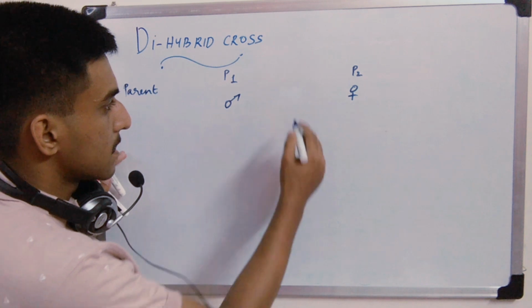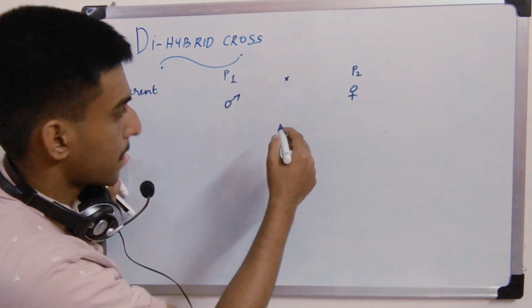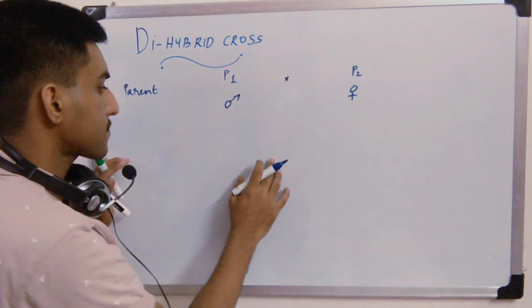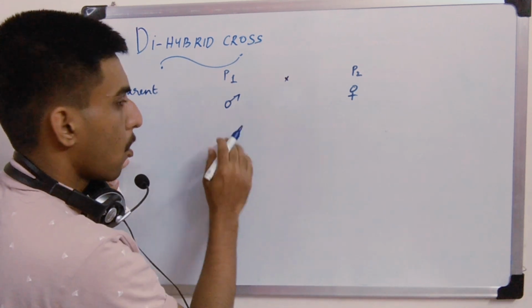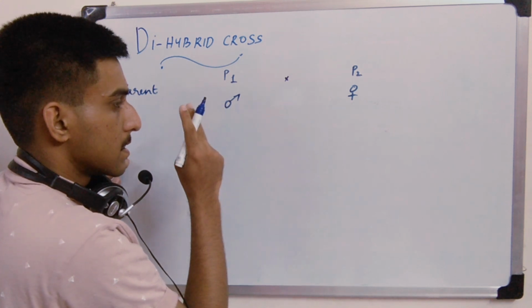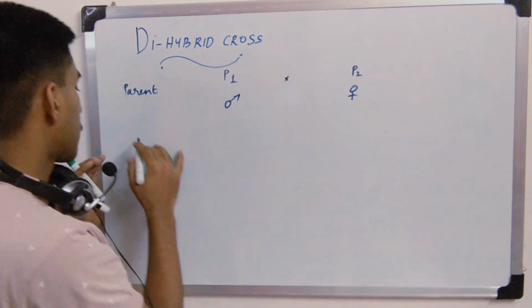We will find out how the result will be the same, right? First we are going to cross. So we are crossing parent 1 with parent 2. Parent 1 is a male and parent 2 is a female. So I am taking parent 1 as homozygous dominant. So we are taking two different characters, seed shape and seed color. I forgot to write that.